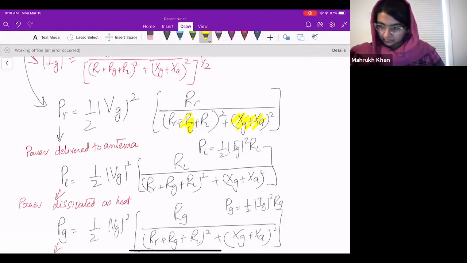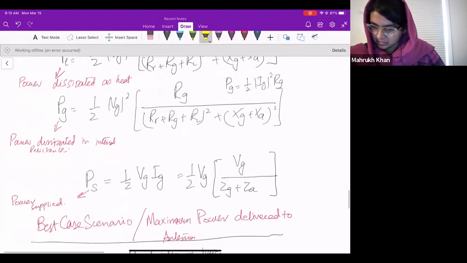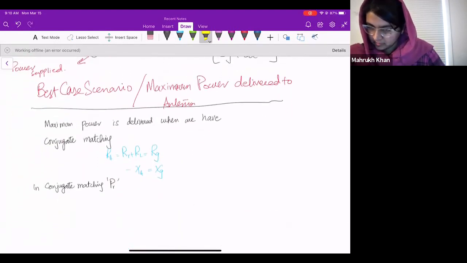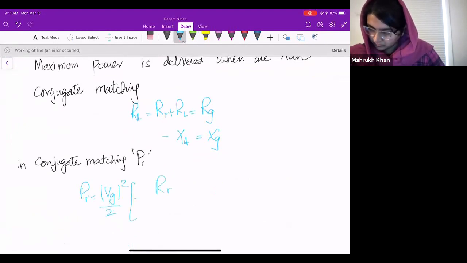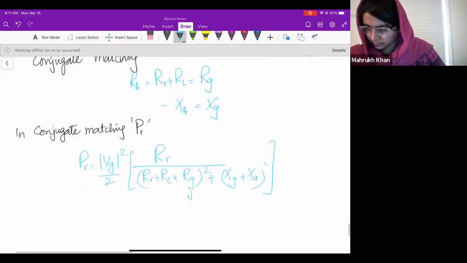So I can write this as, so this is your conjugate matching scenario.